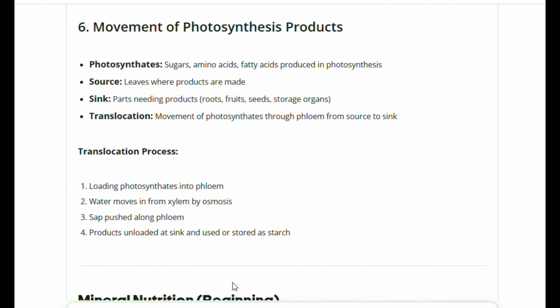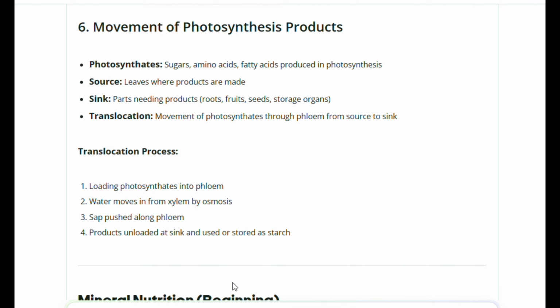The source is the leaves, where products are made. The sink is the parts of the plant where those products are needed. These are the roots, fruits, seeds, and storage organs.